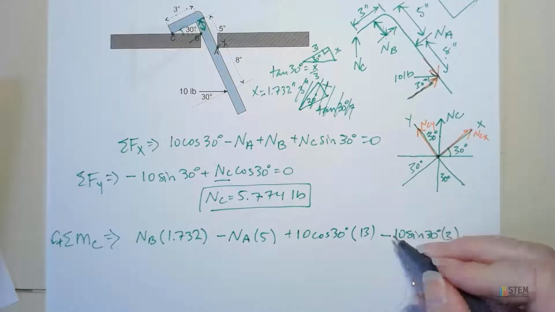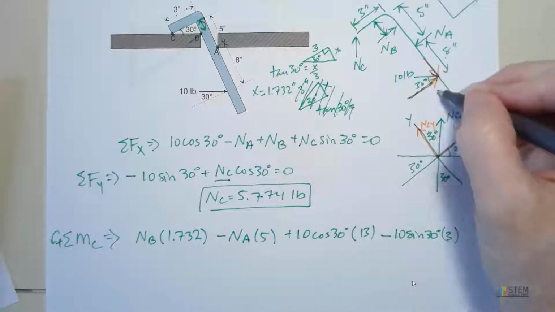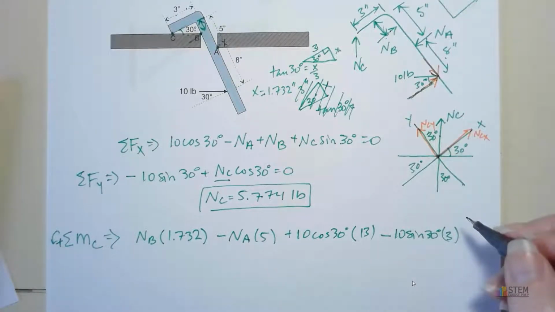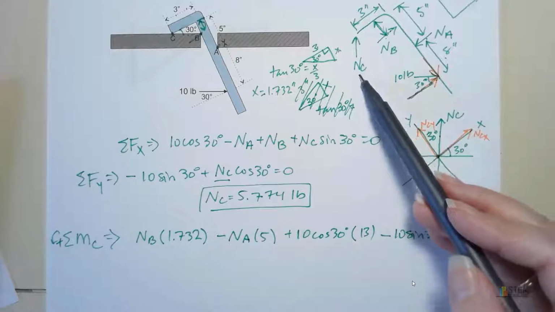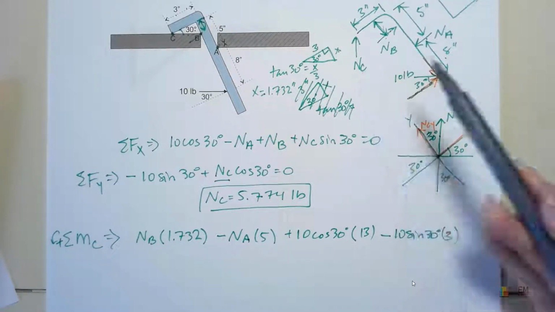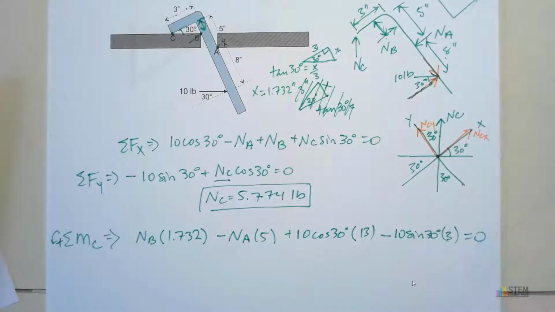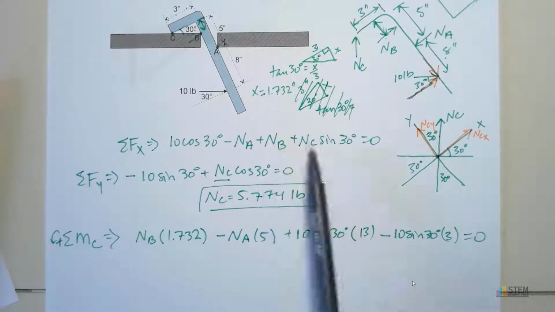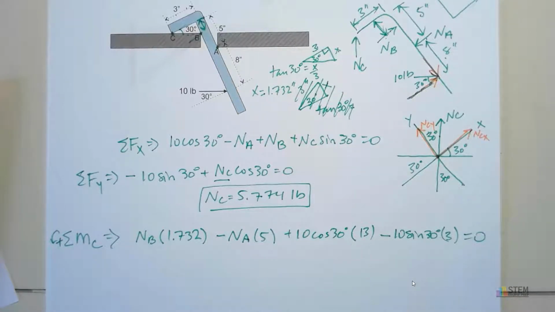Should be negative, because if you're doing this way, it's going to want to rotate clockwise. Now, is that all we got? Yep, that's all we need. Do we need to do anything with this? No, because it's going through point C already, so no moment is created. So set that equal to 0. Now we have 2 unknowns in this equation, 2 unknowns in this one. You're able to solve.